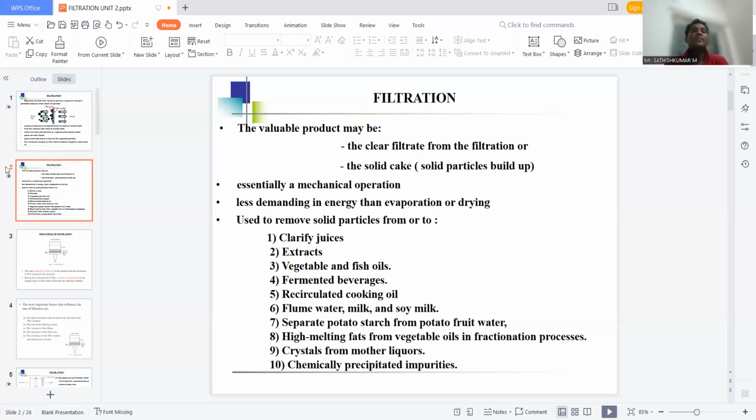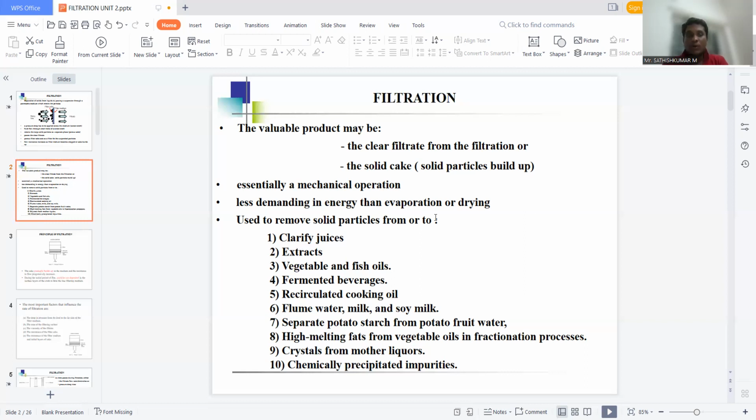It is essentially a mechanical separation, less demanding in energy than evaporation or drying. It is used to remove solid particles in the following processes. First, clarifying juices. Second, extracts. Third, vegetable and fish oils. Fourth, vegetable processing or fermented beverage processing. Fifth, recirculated cooking oils. Sixth, fluid waters, milk and soy milk. Seventh, separating potato starch from the potato fruit waters.